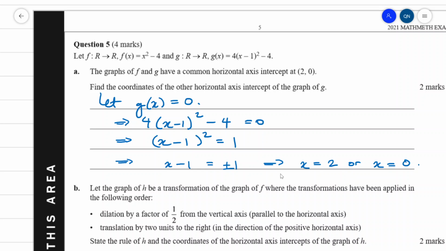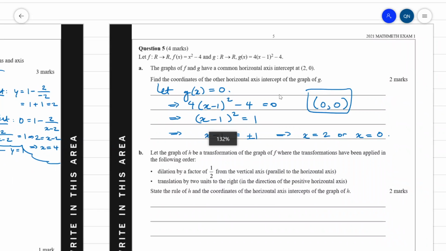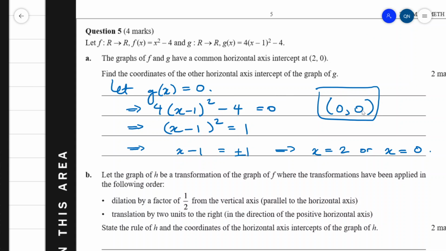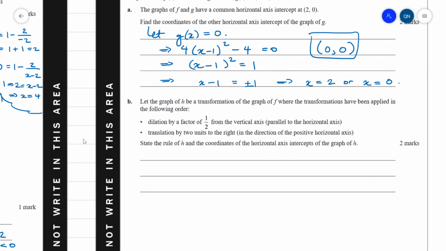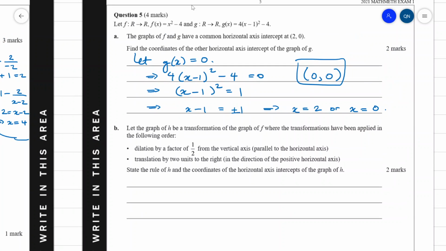And the other one, that should be (0, 0). So I think we've gotten that one. So you can test it. If you plug 0 into here, you're going to get negative 1 squared, which is 1, and 4 minus 4 is 0. Perfect.